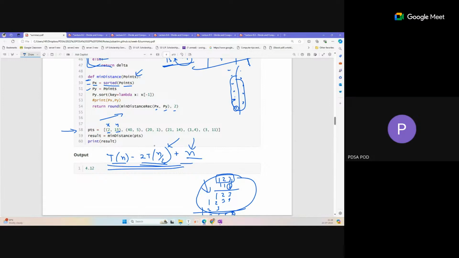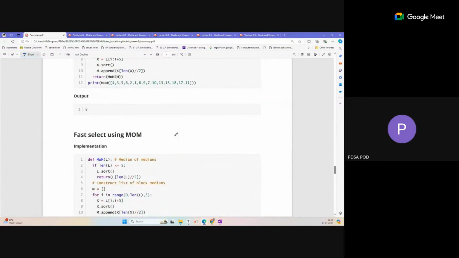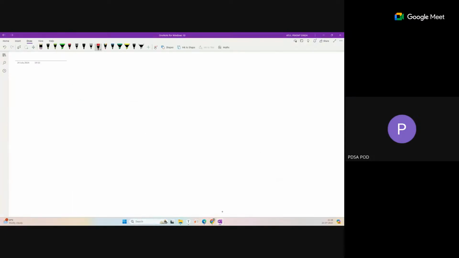Okay, actually I have explained this. So this recurrence relation: suppose T(n) equals 2 recursive calls of size n/2 plus n. This is the recurrence relation. If we expand this with the help of a tree, the first call is T(n).